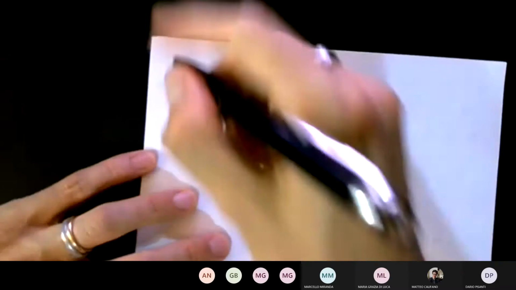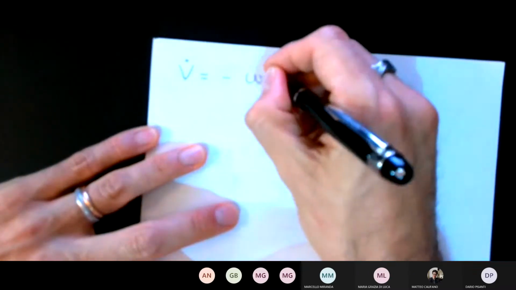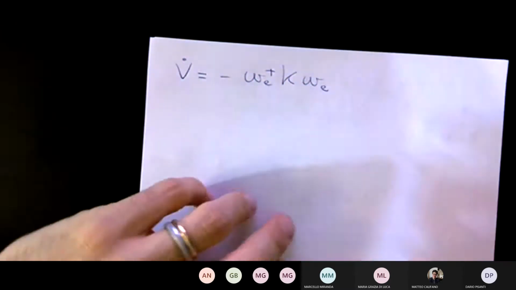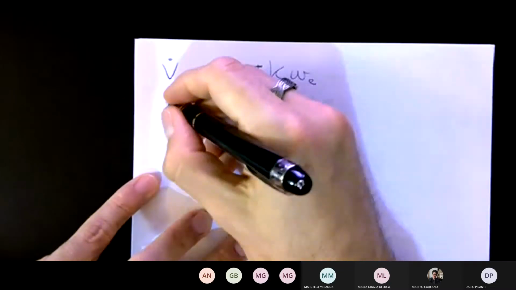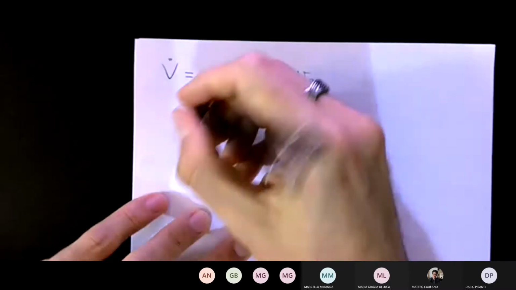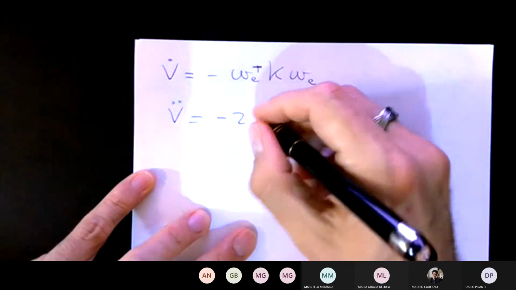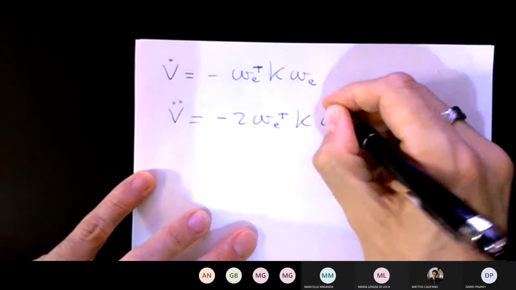Okay. Well, let's see if that works. If I take the second time derivative and then the third of my V, if I wanted, as I said, V dot to be minus omega error transpose k omega error, and please notice that I'm dropping all the underlines at this point because it's easier for me. But this is a vector, this is a vector, and this is a matrix. V double dot is equal to what? Minus 2 omega e transpose k omega e dot.